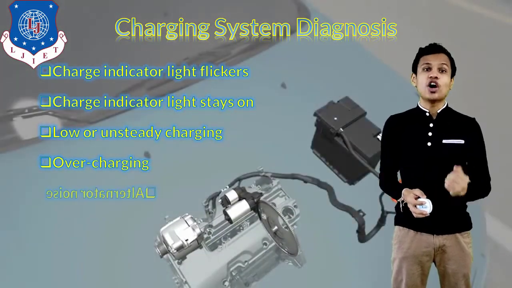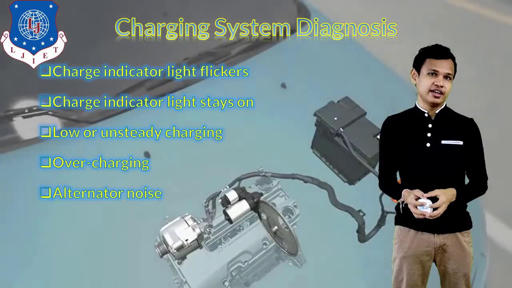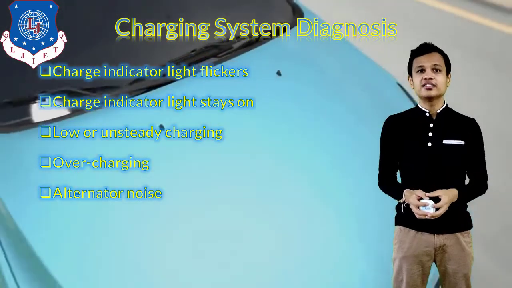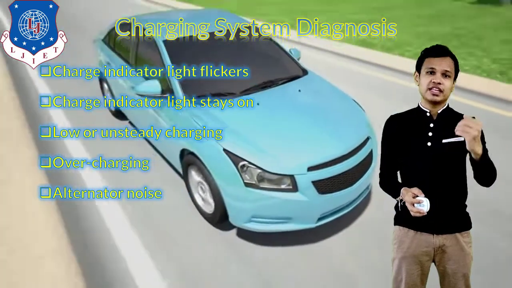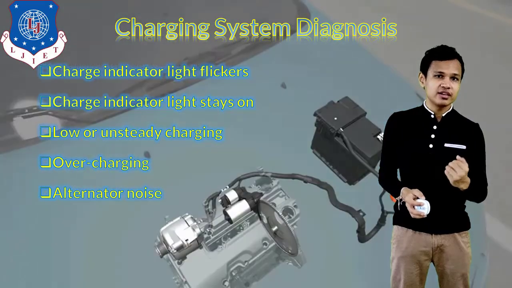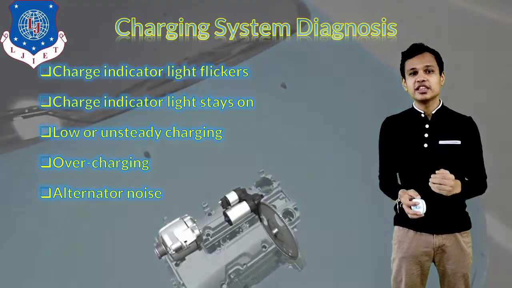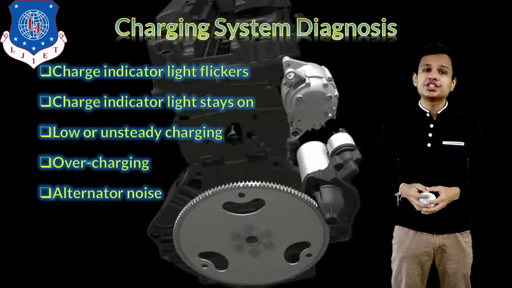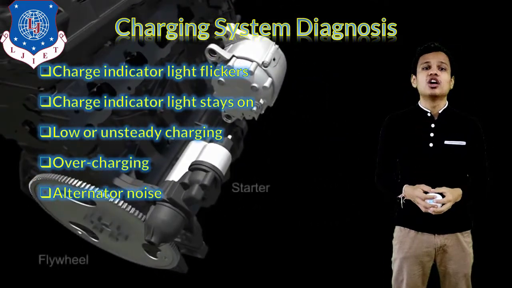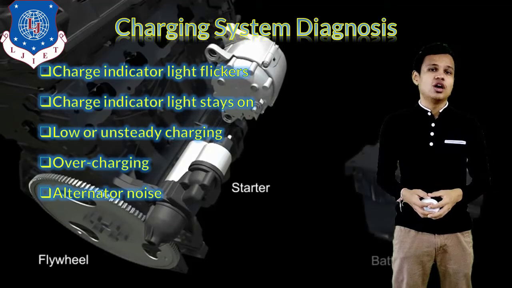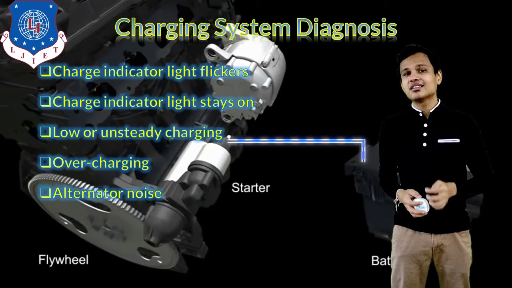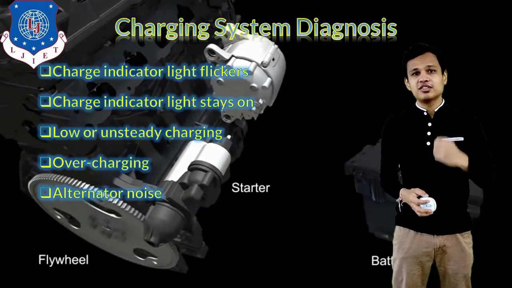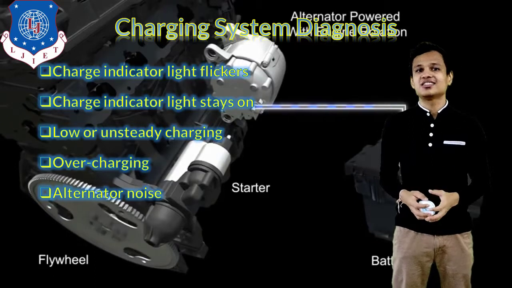The last thing is the noise that is created in the alternator. The alternator noise can be created if any components used in the alternator are getting attached or are in friction with other components of the alternator or the coils of the alternator. So these are some of the common problems associated with the charging system.